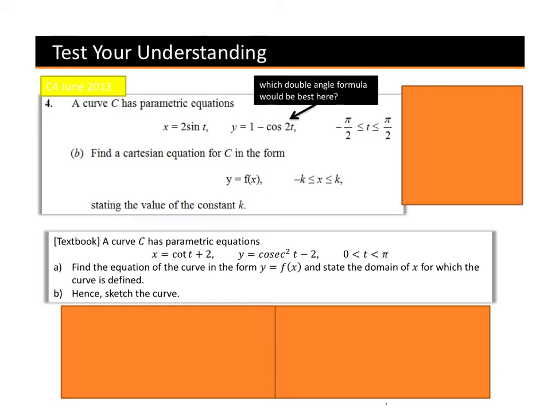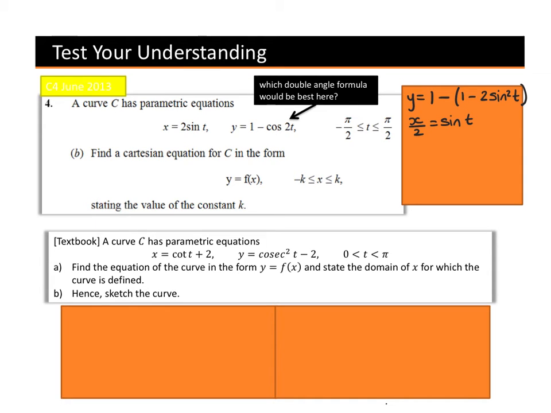So I know I can rewrite y equals 1 minus, and then using the double angle formula, 1 minus 2 sine squared t. Okay, so I've substituted that in. So I need to know what sine t is. Well, sine t is x over 2 equals sine of t, doesn't it?